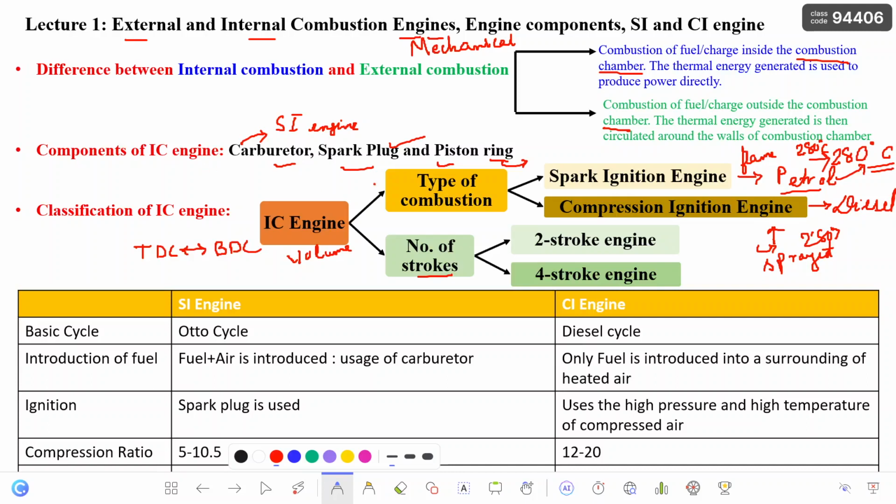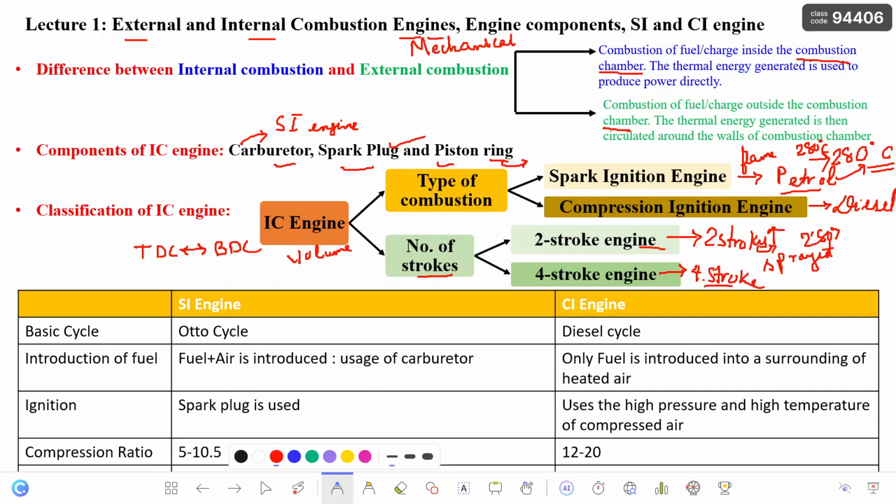If the whole cycle of generating power is done in two strokes, then it is a two-stroke engine. And if it is done in four strokes, then it is a four-stroke engine. What the different strokes are, we'll be covering in the next slide.